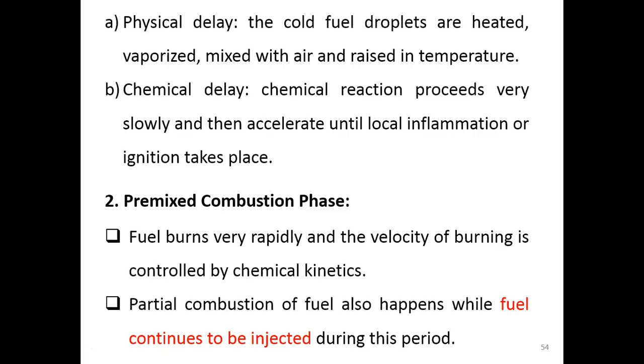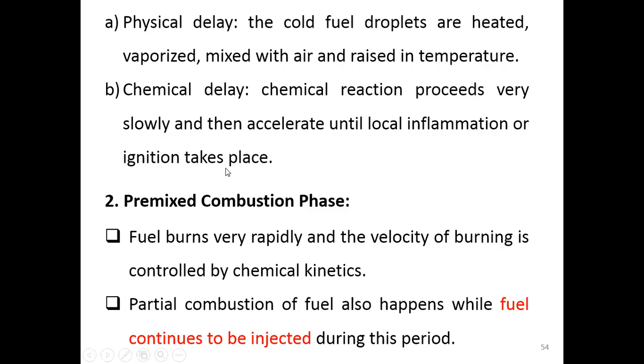The chemical reaction has already started, but it happens very slowly, and then it accelerates itself until local inflammation or ignition takes place. So this chemical reaction gradually accelerates itself until the flame or ignition happens, and that is when the combustion starts to happen.